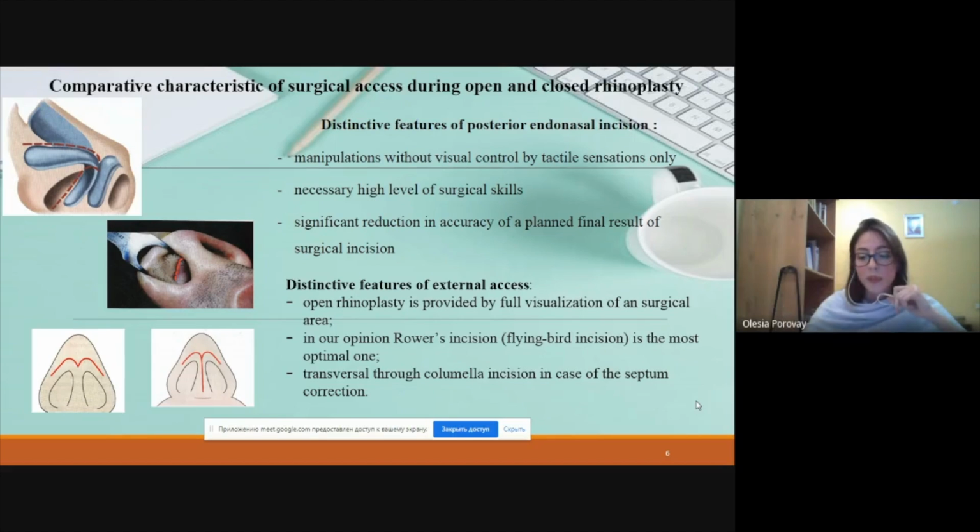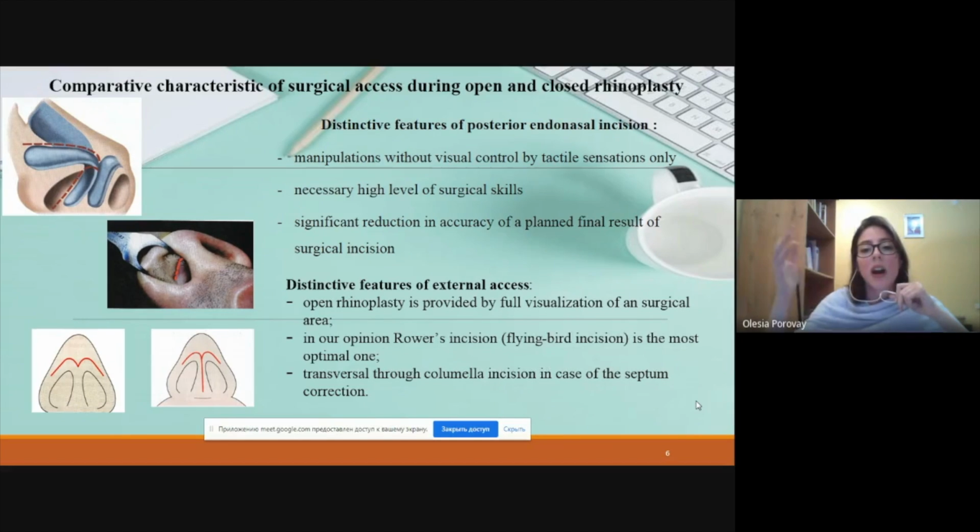In 92% of these cases we had a good result, but in 75% of these cases this kind of incision limits surgical motions.